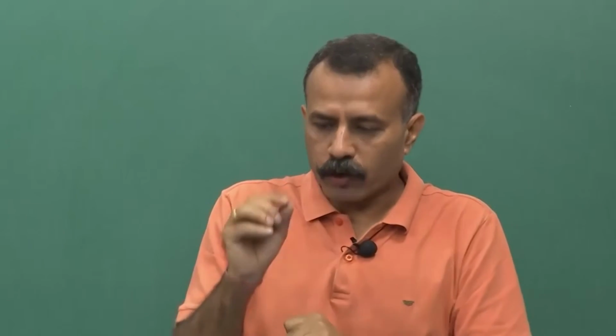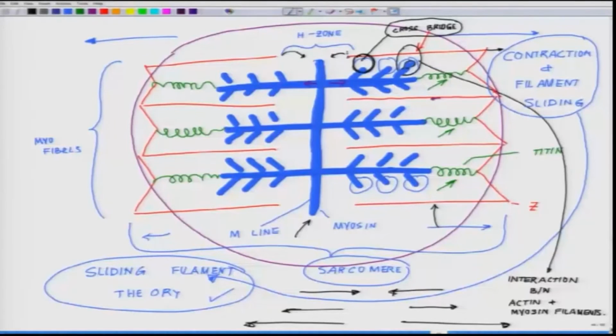When they come too close, there is maximum interaction between the cross bridges, and the cross bridge is essentially this area out here. Now let us improvise this drawing a little further. These heads are forked kind of thing. So, the number of cross bridges decides the interaction between the two.